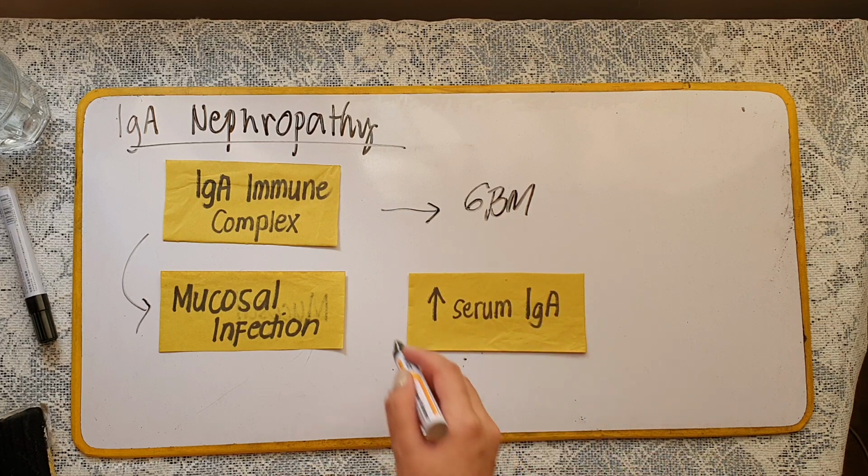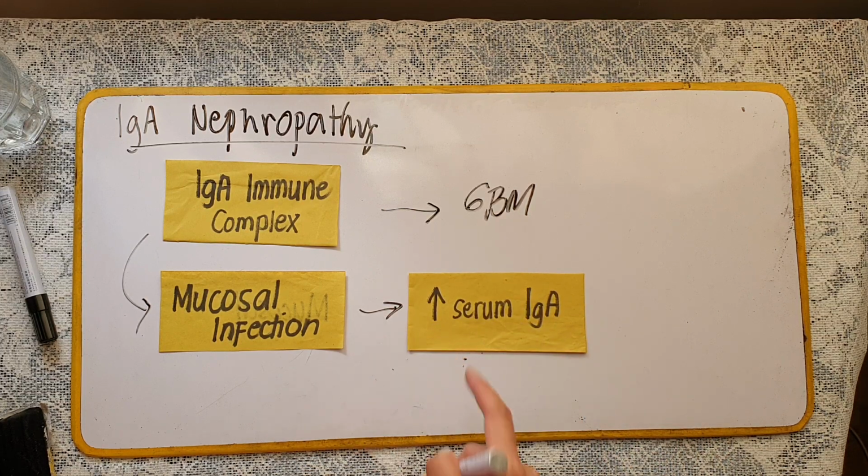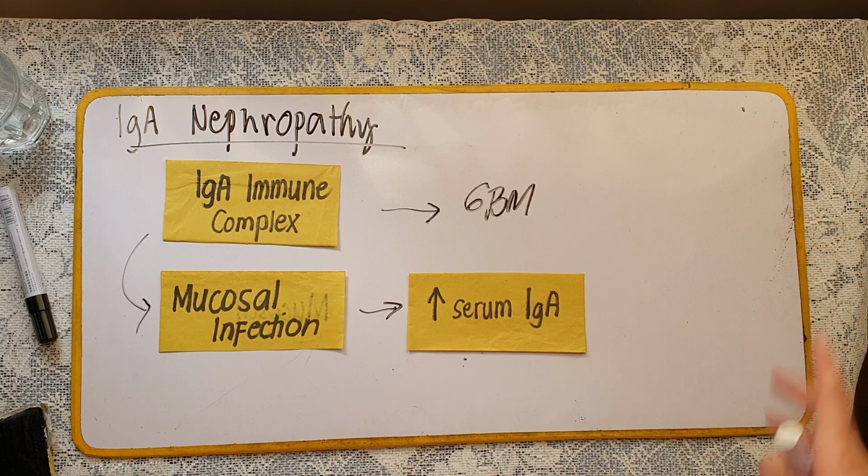Because of this excess serum IgA level, it will be deposited in the kidneys or any other parts of the body, since the amount is excessive. So there would be increased serum levels of IgA, and as a result it will be deposited in the kidney or other parts of the body.